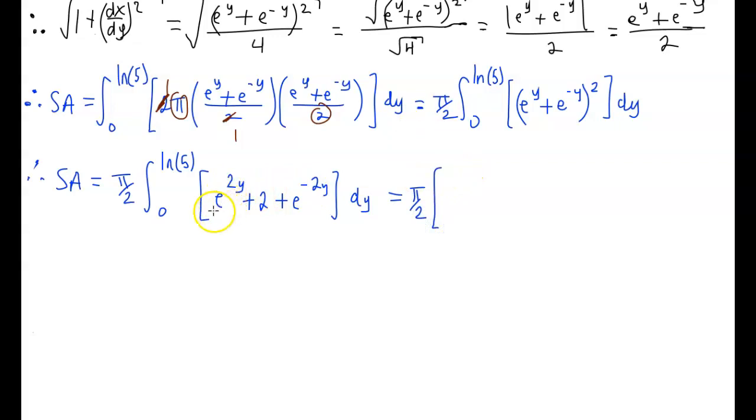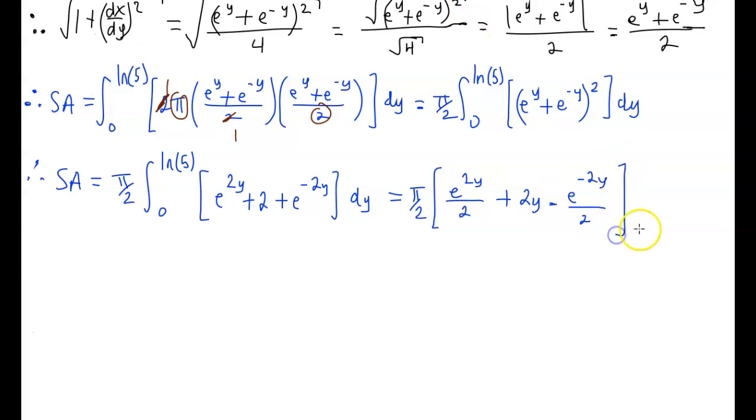The antiderivative of the first term, using the chain rule, and this is one that we see often, will just be e raised to the 2y divided by 2. The antiderivative of 2 with respect to y is just 2y. And the antiderivative of e raised to the minus 2y is going to be plus e raised to the minus 2y divided by negative 2. So we'll make this plus right here a subtraction sign.